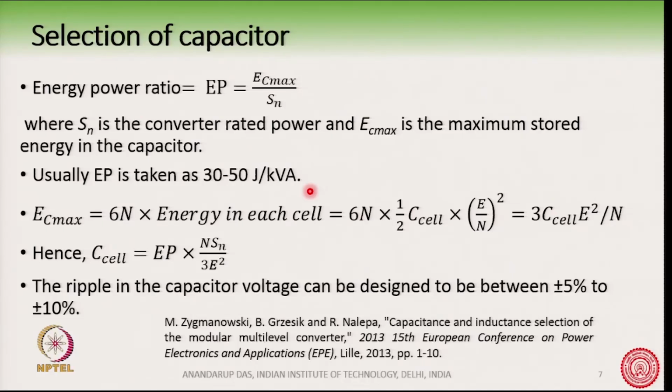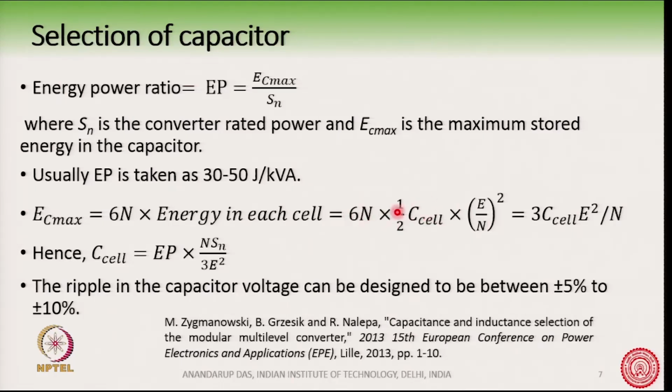If you just substitute here, EC max is 6 N into the energy in each cell. Now, 6 N means, because in an MMC there are 6 arms and each arm has N number of cells, the total EC max is 6 N into the energy in each cell. And what is the energy in each cell? That is equal to half CV square.